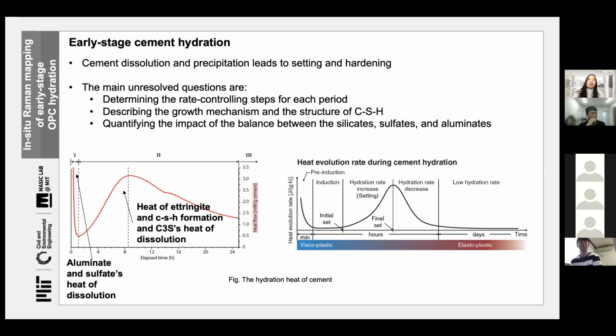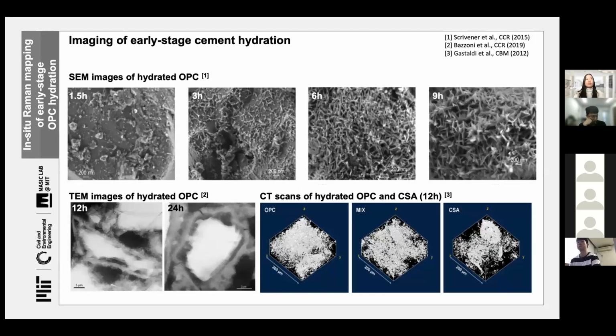Despite the importance of this stage, factors and mechanisms that influence and determine the chemomechanical changes in cement matrices in the early stages remain unclear. Therefore, many researchers are trying to understand early cement hydration mechanism with various experimental techniques.